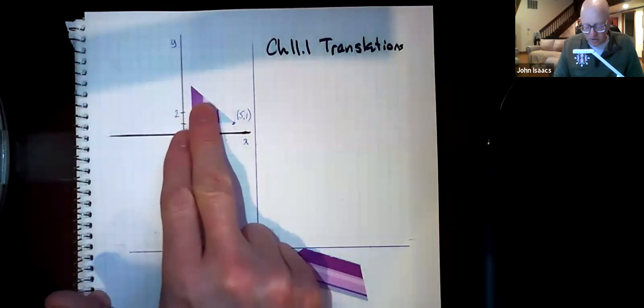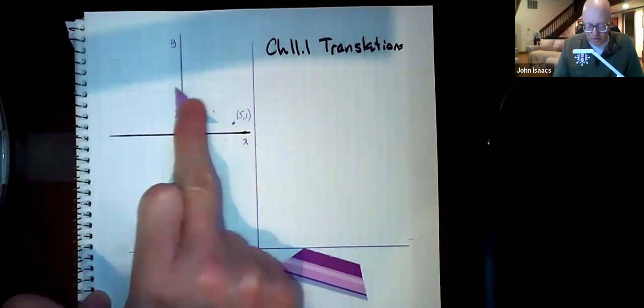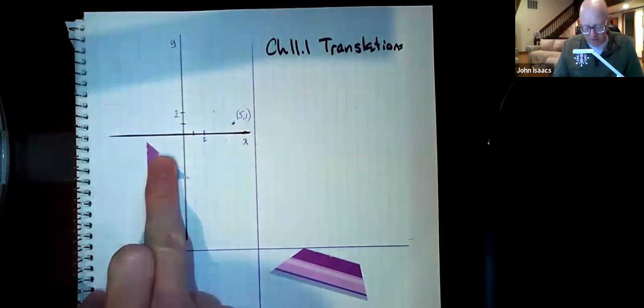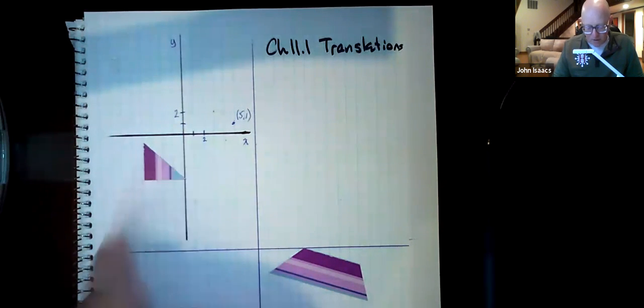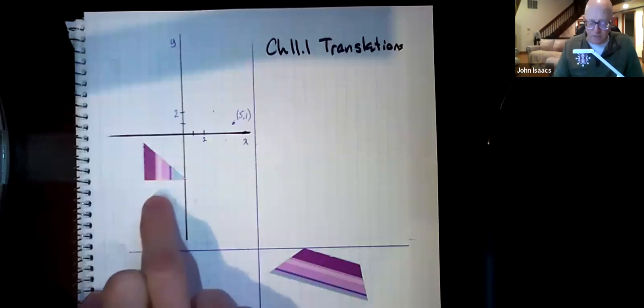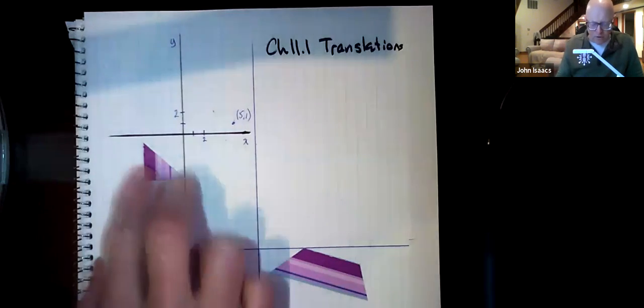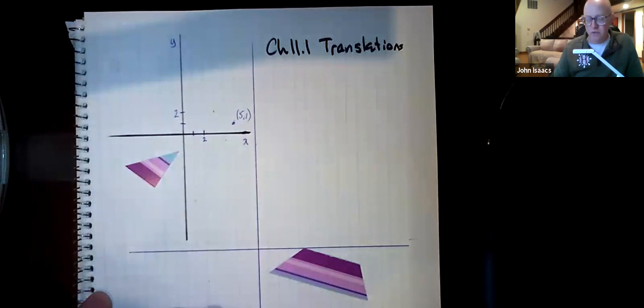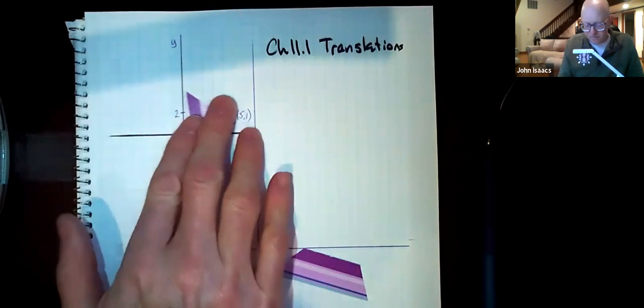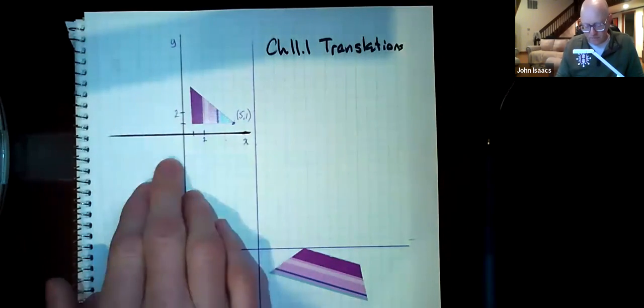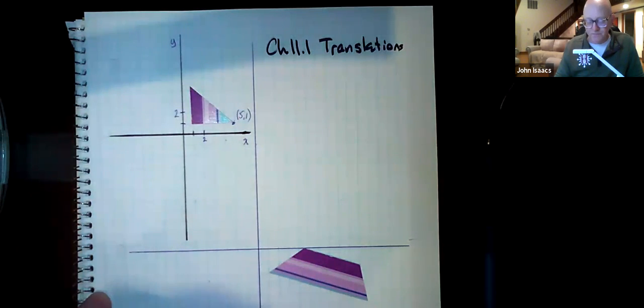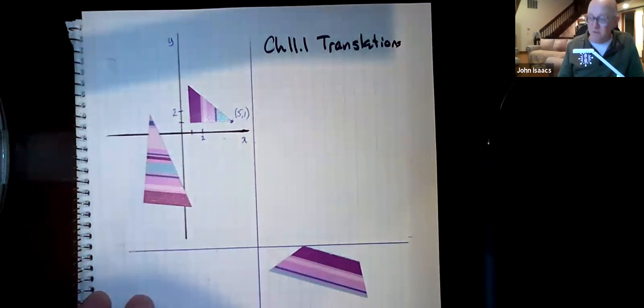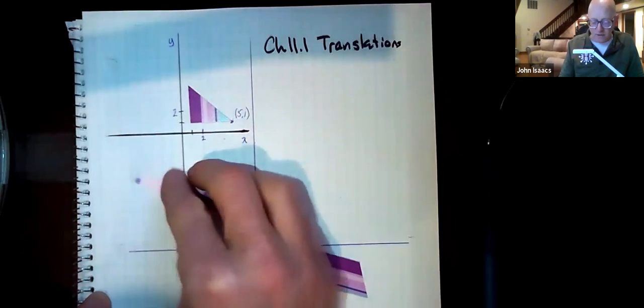So if it started here, we might slide it to the right and slide it down to get somewhere else. But the original shape and the new shape are not rotated to one another. This is not a translation anymore of this. Okay, it needs to stay in this orientation and it needs to stay in its size. You can't change its size. All right, that's not a translation anymore.